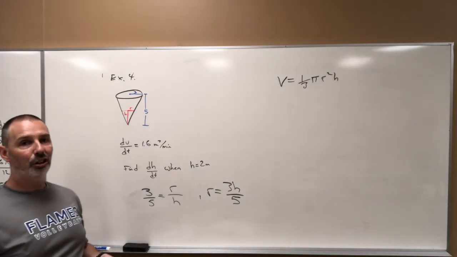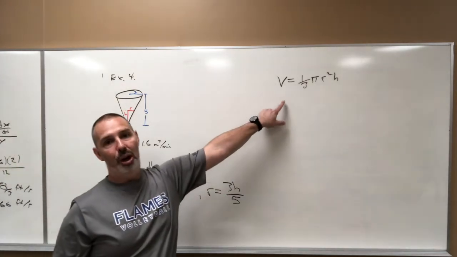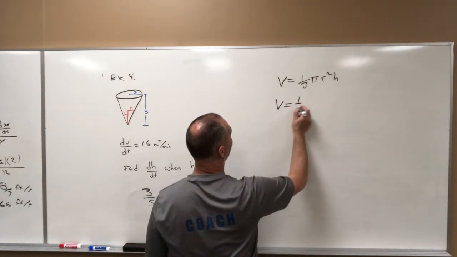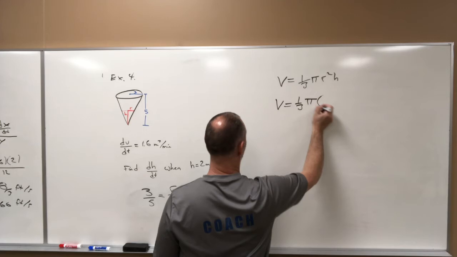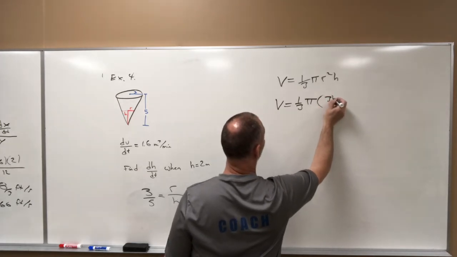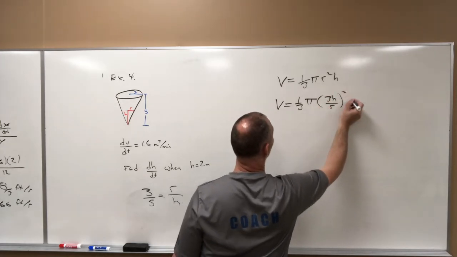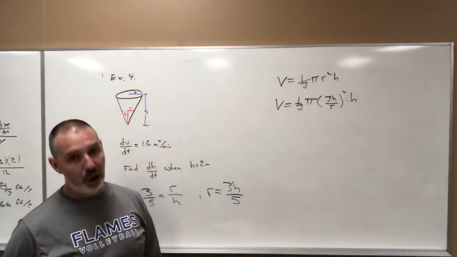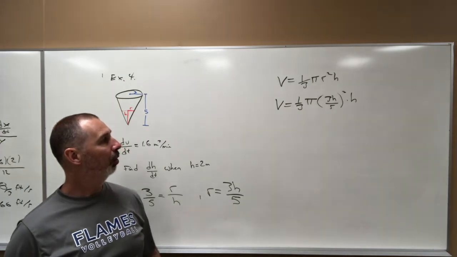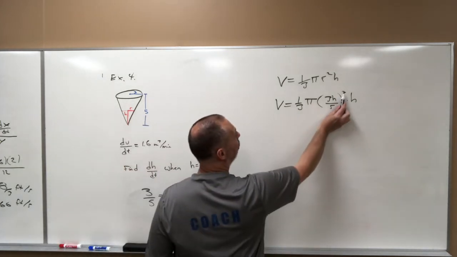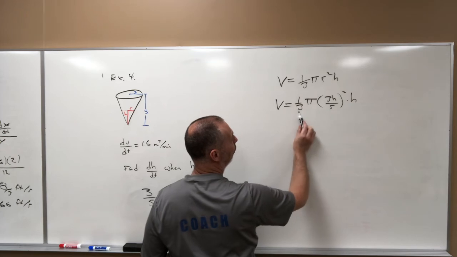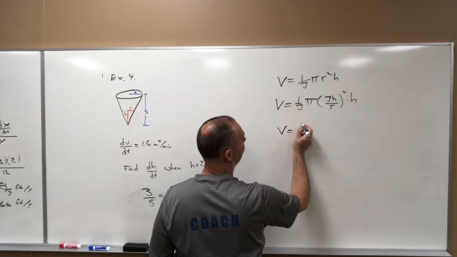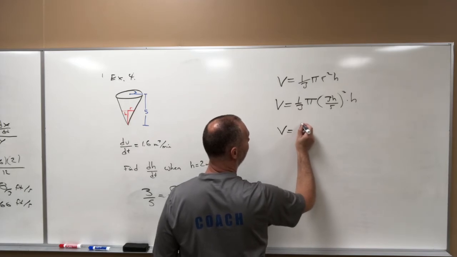This allows us to make a substitution into our volume formula over here. So we're going to go volume equals 1/3 pi times 3h over 5, squared, times h. We're going to simplify this real quick. 3 squared is 9, divided by 3 gives us 3.